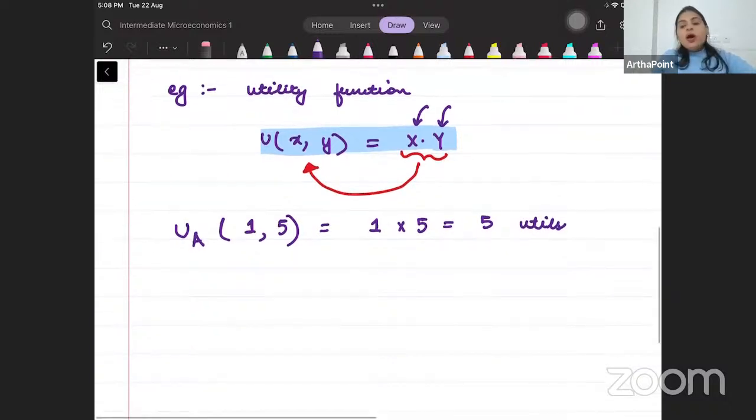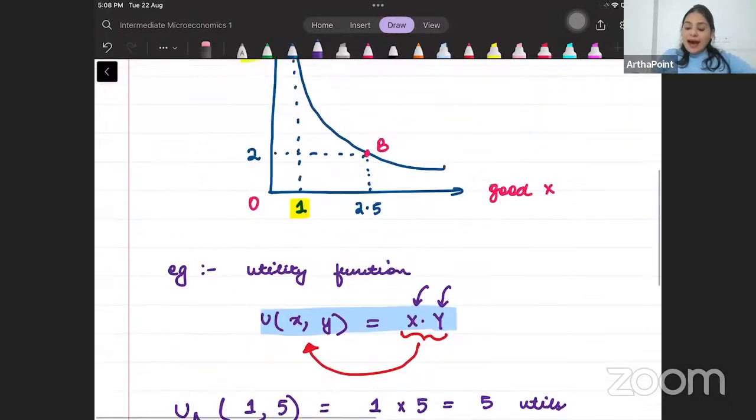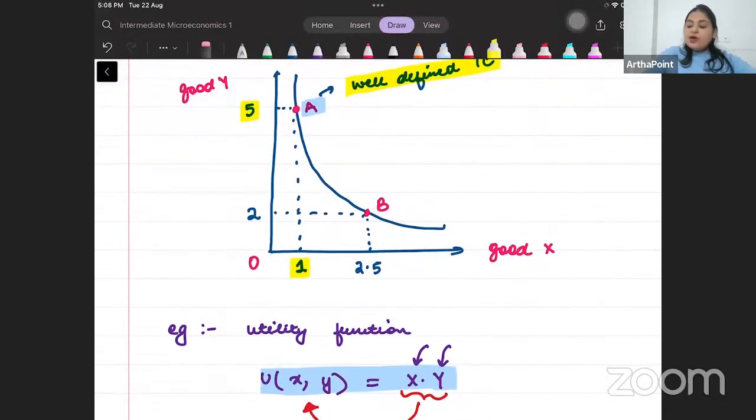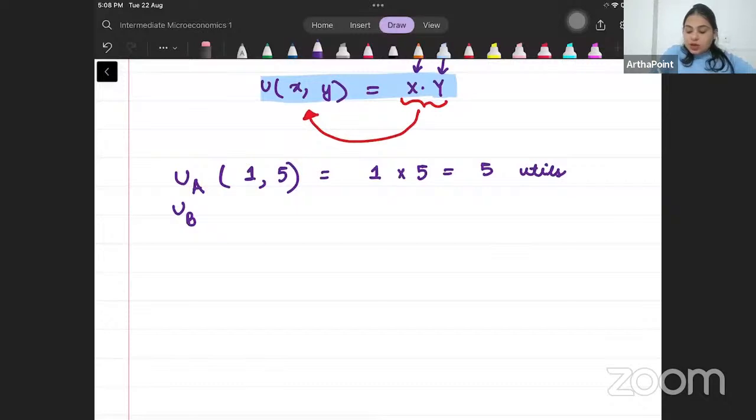Now what I can do is also find the utility at point B. At point B, I have 2.5 units of x and 2 units of y, so this is (2.5, 2). How can I calculate utility? Utility will be 2.5 into 2, which is also 5.